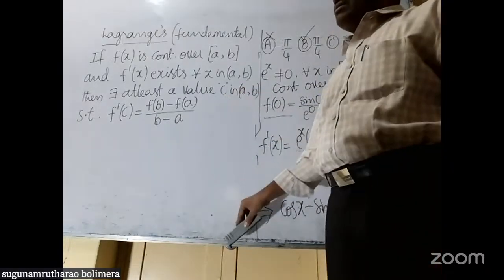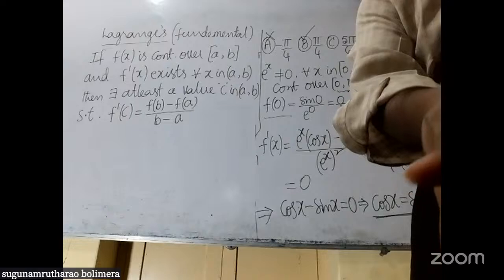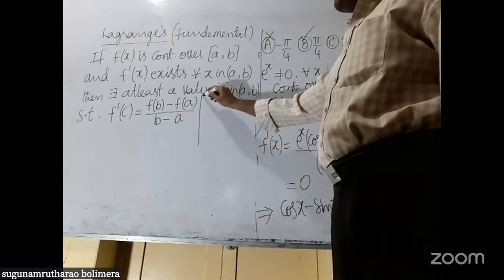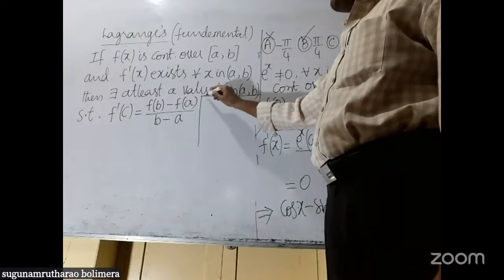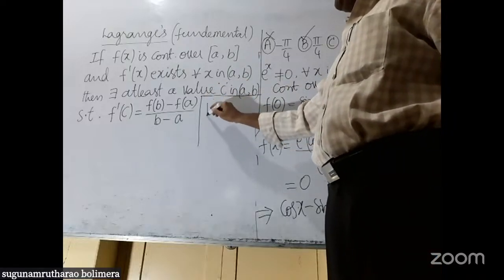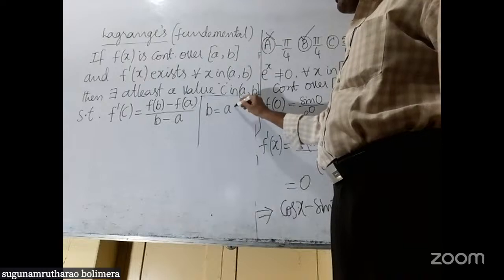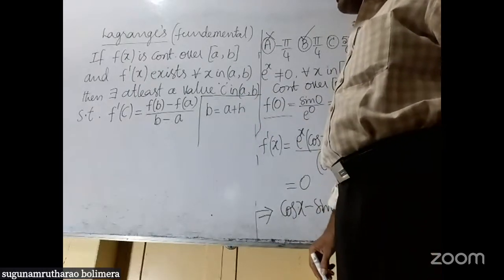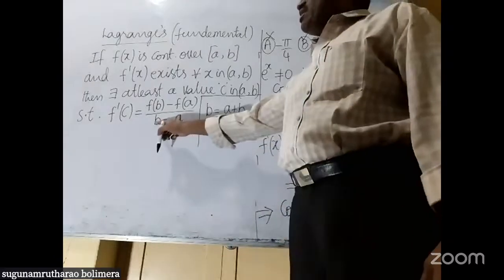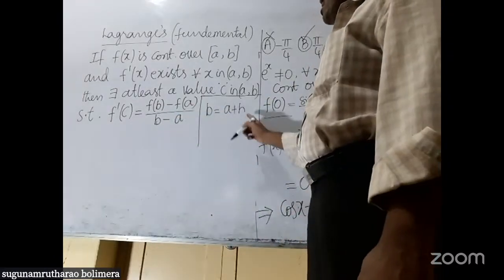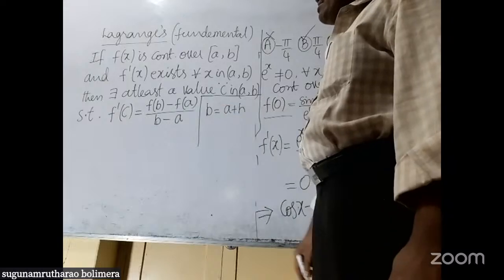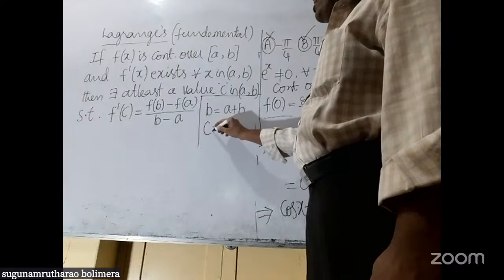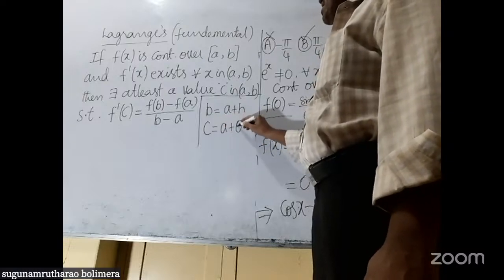Here, I am going to take b equal to a plus h. So h will be b minus a, and c equals a plus theta h.